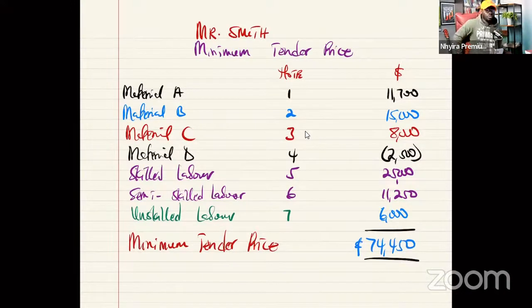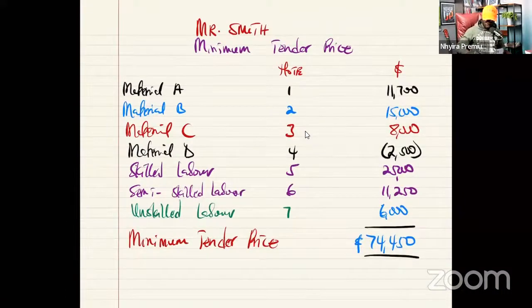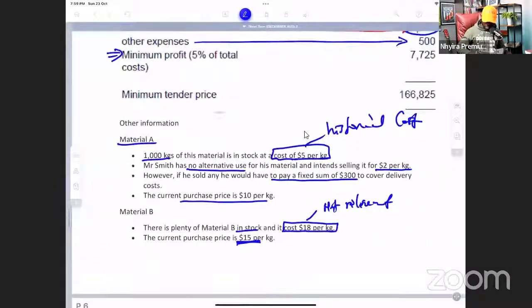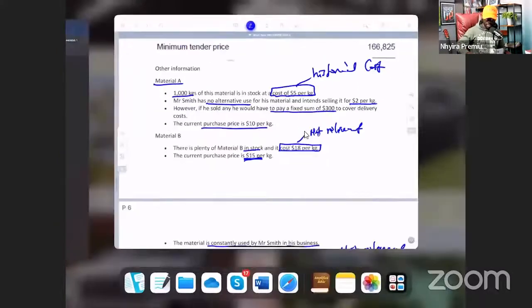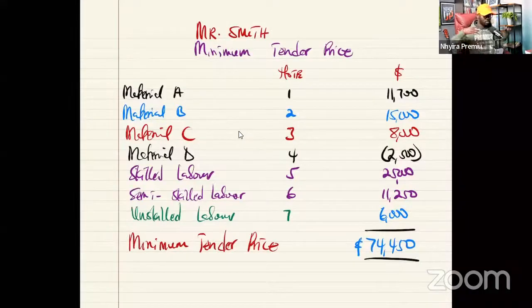Assuming we are supposed to really look at the amount that he's supposed to charge, then we could have brought in his profit of 5% on total cost. That is a markup, and build that into the system. But if we take out the profit that he is going to make, this is the minimum that he can charge. And that is the answer to the question on Mr. Smith.